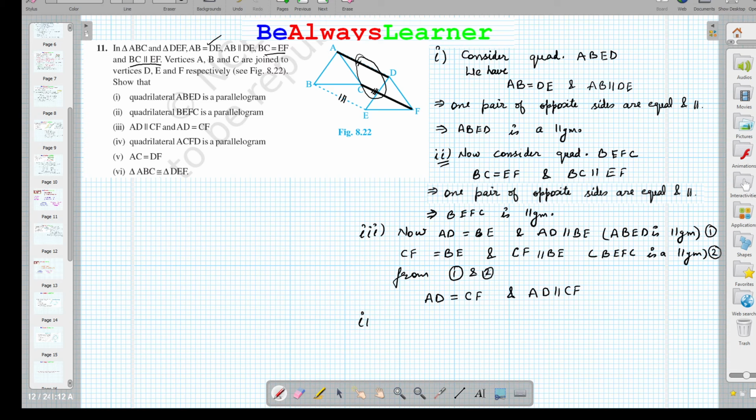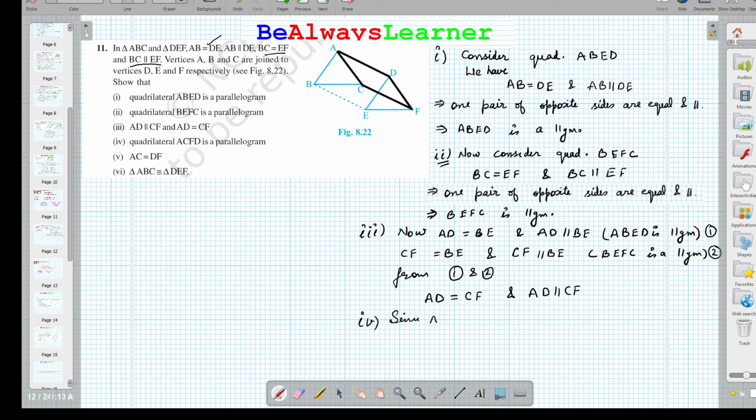Now the point number 4 we want to prove: ACFD is a quadrilateral. So here we are targeting ACFD, and we have to prove that this is a parallelogram.